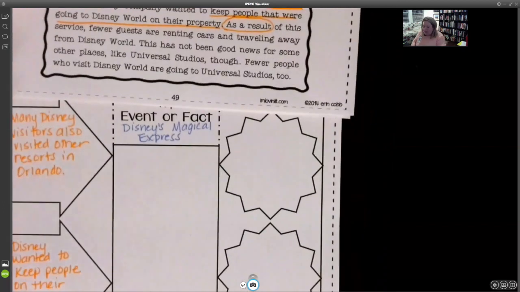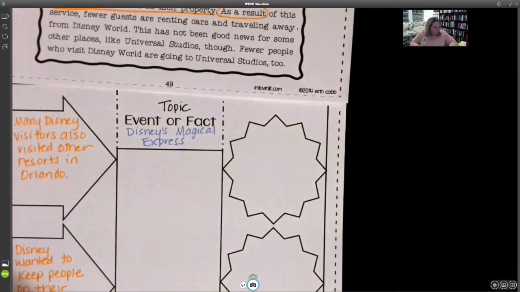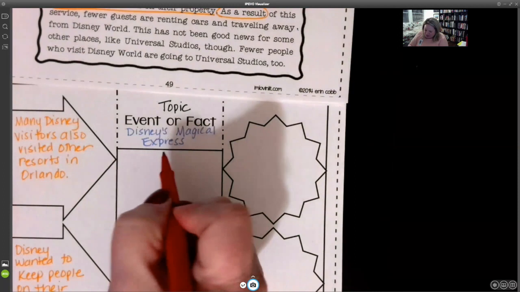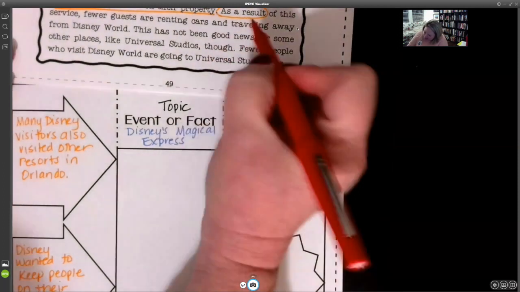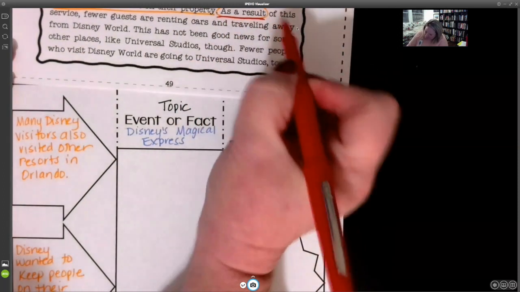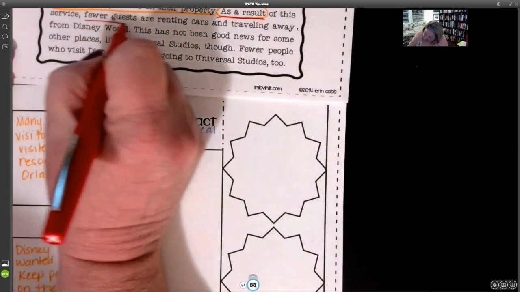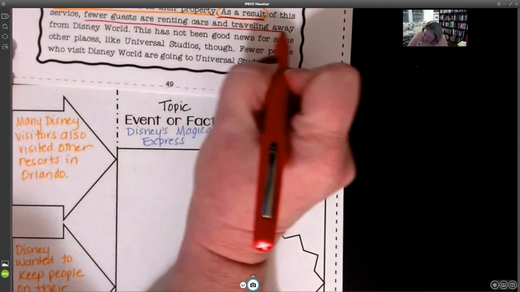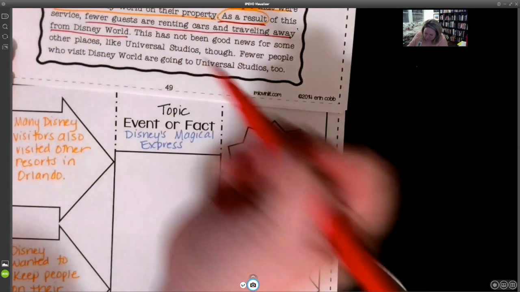Now we're going to go to our effects. The effects of Disney building the Magical Express, as a result, fewer guests are renting cars and traveling away from Disney World.